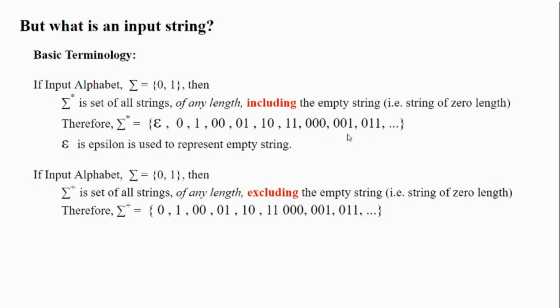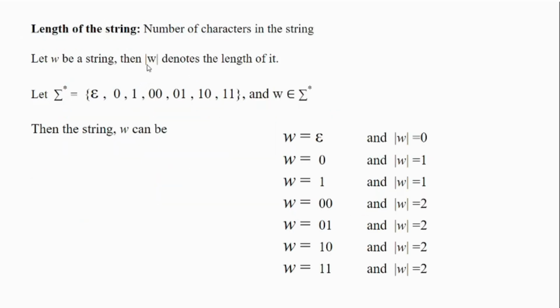You will not have extra characters. Fine. So you cannot have 2 3 4 5 here, because the input alphabet has only two characters, either 0 or 1. So if W is a string, then W inside these two pipe symbols is called the length of it. So this is used to denote the length of it.